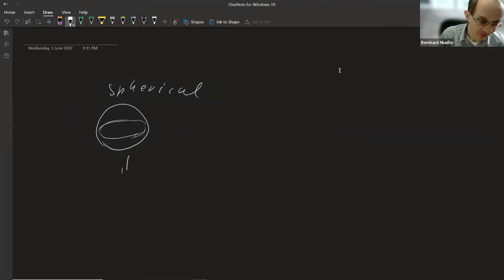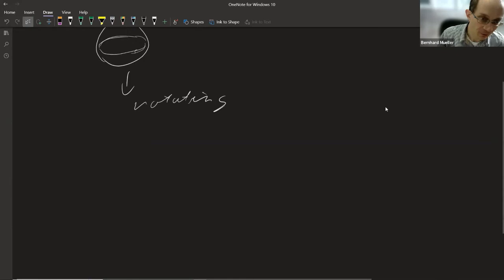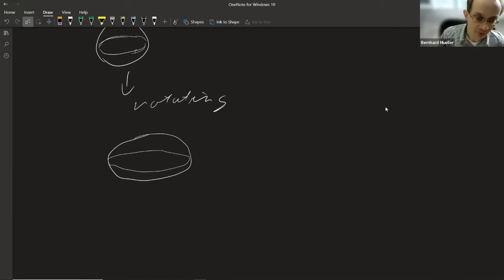If this rotates, then basically the centrifugal force will make it more favorable for some matter to be pushed away in the equatorial plane, and this will give rise to an oblate distribution of the fluid.